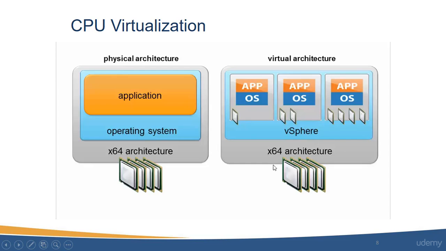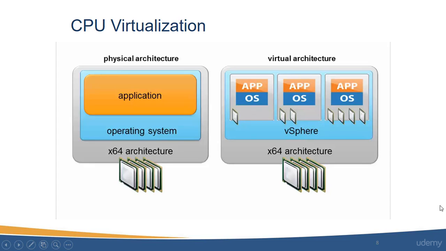If you have 4 physical CPUs, you can't create a machine with more than 4 CPUs. And this is another benefit that we get from virtualization. For example, some tools can't run on a host with more than 1 CPU, so VMware lets us create a virtual machine with 1 CPU.